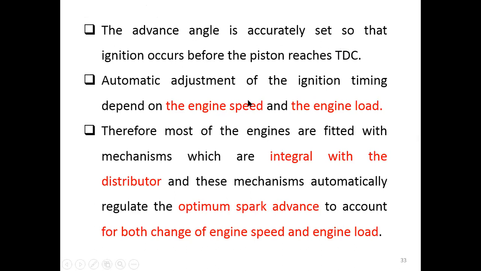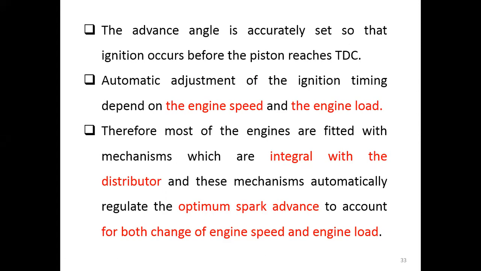Since our engine operates at different speeds and different loads, we need an automatic system to automatically adjust the ignition timing to suit the engine condition. When we talk about the engine condition for ignition timing, that condition refers to the engine speed and the engine load. If you remember, we talked about the ignition map.